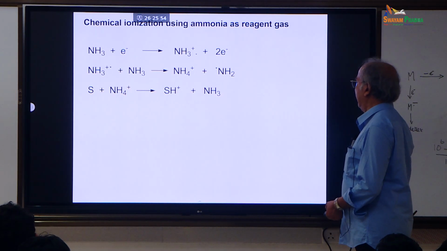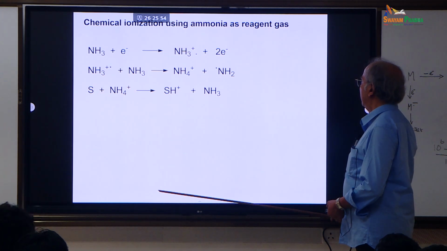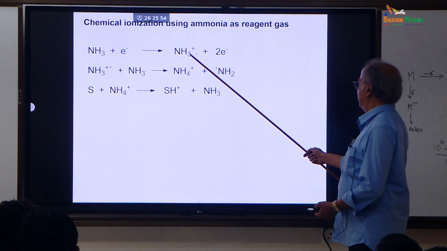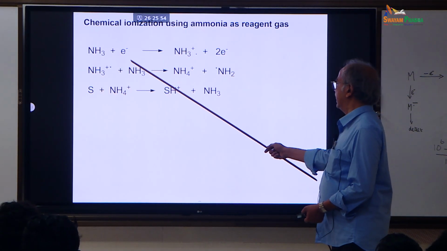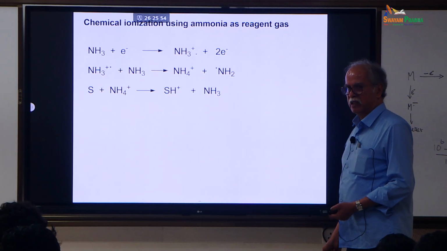Ammonia as a carrier gas. Why doesn't it give NH3 minus here when you take an electron and bombard it with ammonia? What is the reason?